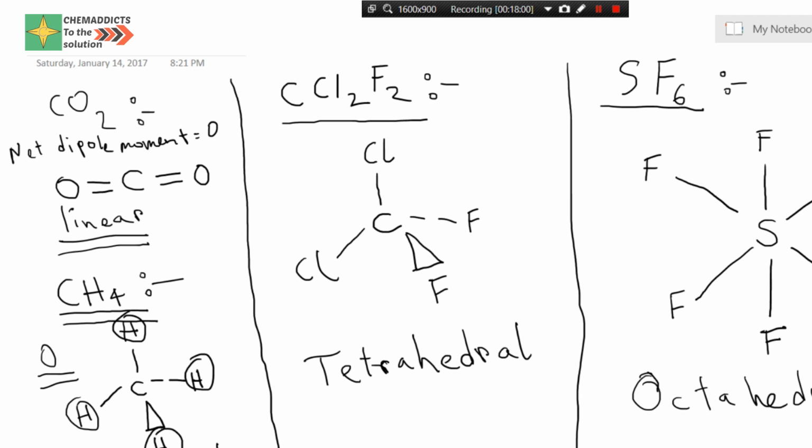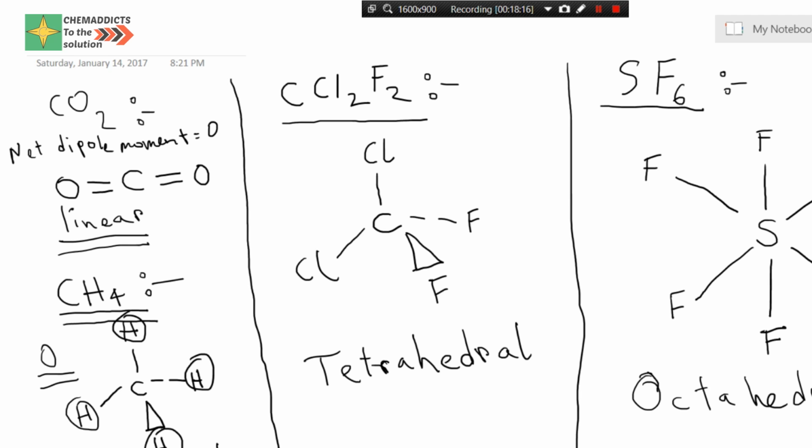All of the atoms attached to this carbon are the same, in this case hydrogen. So that makes the net dipole moment 0. I hope that you have understood.